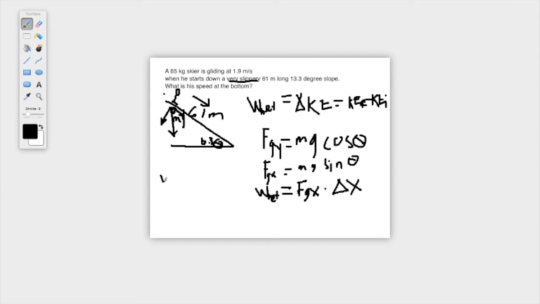So the net work done equals 1/2 m vf squared minus 1/2 m vi squared.